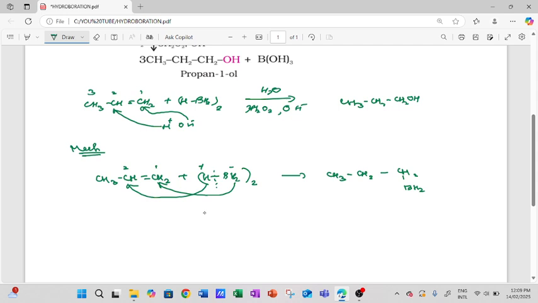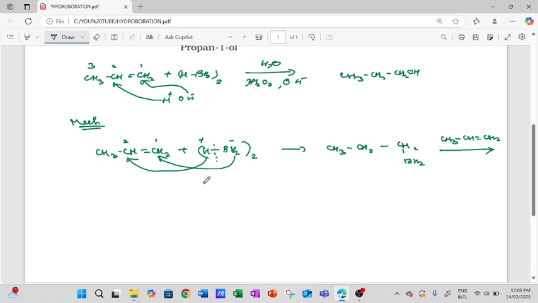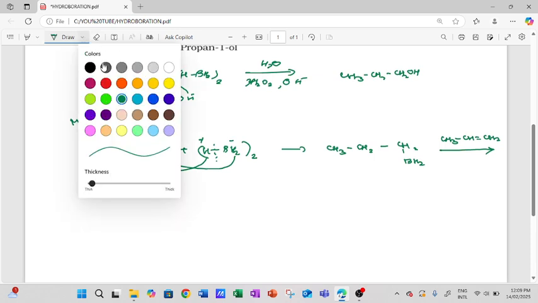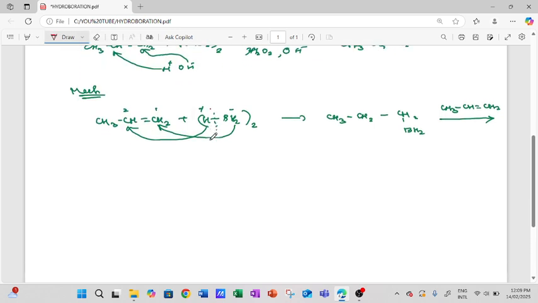This reaction will keep on continuing. In the second step, another molecule of alkene, CH3, CH double bond CH2, is added. In the first product, CH3, CH2, CH2, BH2 can be written as BH single bond hydrogen.